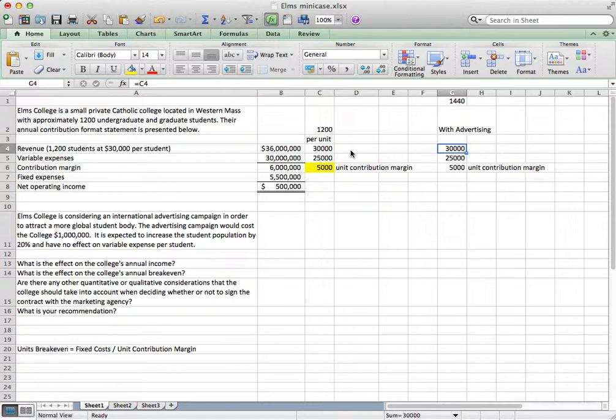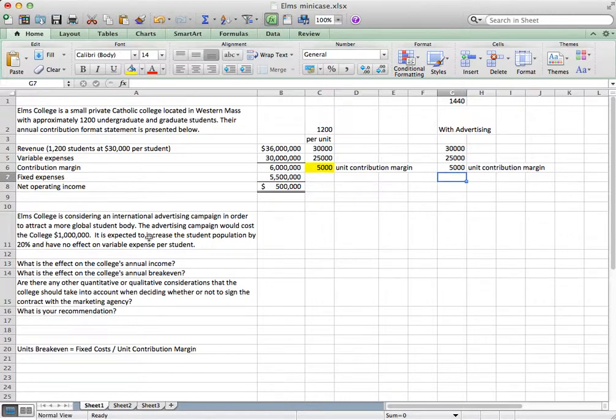From a variable perspective, that number will change in total, but it will not change on a per unit basis. Nowhere in here does it say we're increasing the fee we charge, so the revenue per student doesn't change. It'll change on a total basis, right? We can look at that in a second, but let's continue on with this.